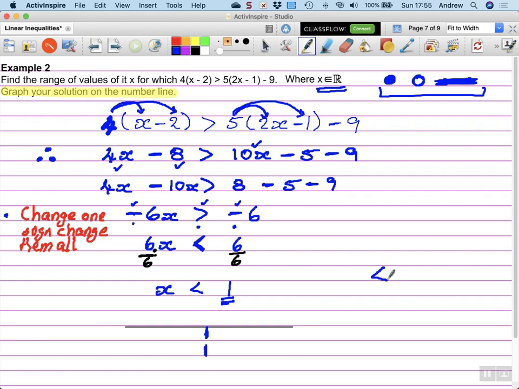And we know that a less than symbol means we have to employ an open circle at 1, which indicates the boundary is 1, but it's not equal to it. That says x is less than 1, which means I'm now going to be shading in the bit that's below it. And because it goes on forever, I put an arrow at the end to indicate it goes on forever.